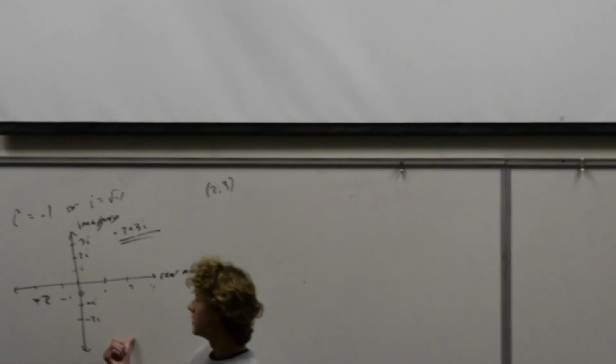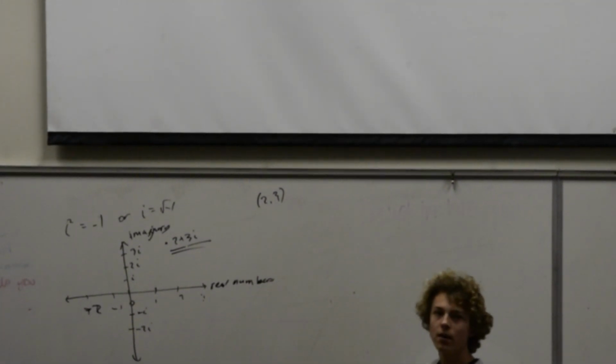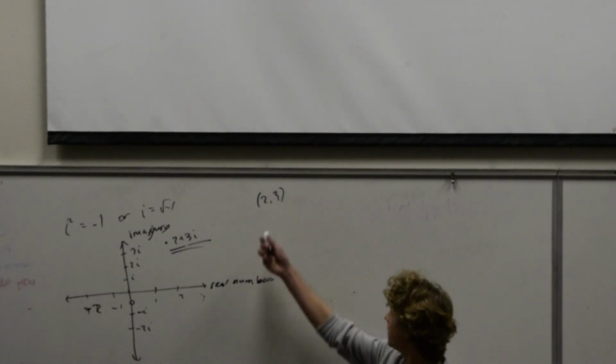Well, we can add these numbers together, not like our traditional Cartesian numbers where all we have is just a number and it sits there. With complex numbers, we can actually add them together. So what does it look like if we add complex numbers together? I'll give an example.